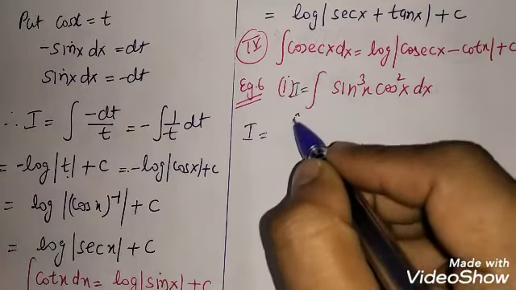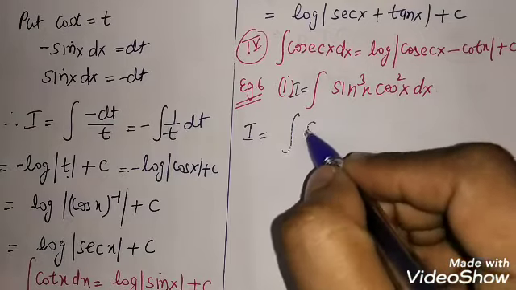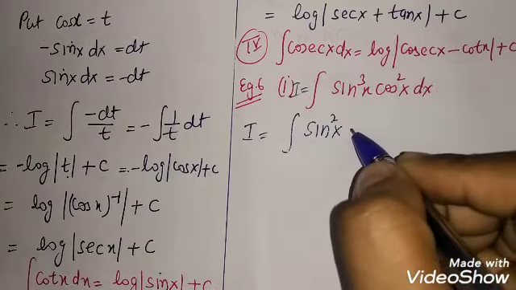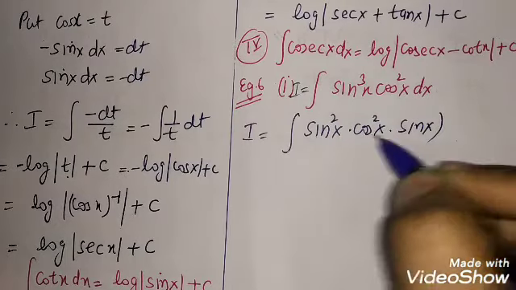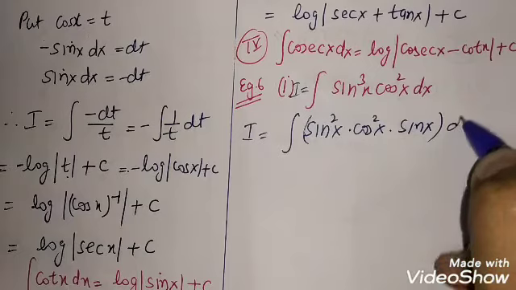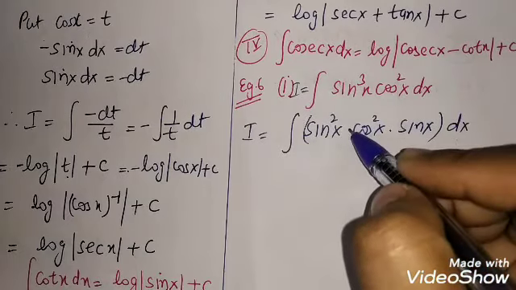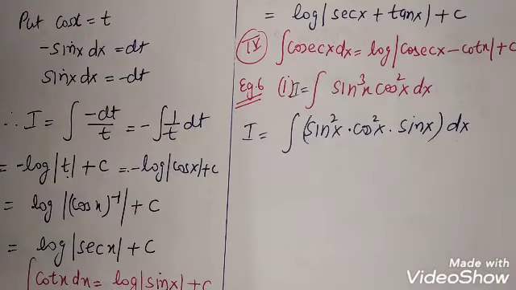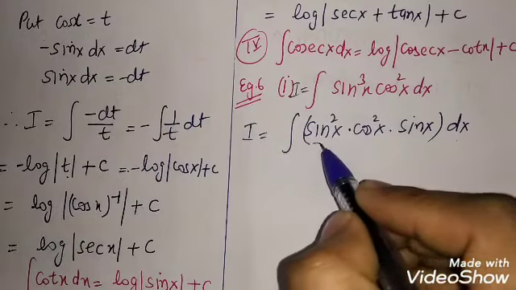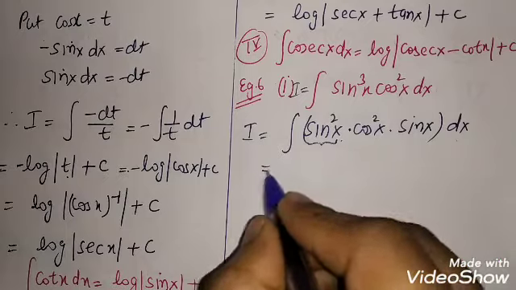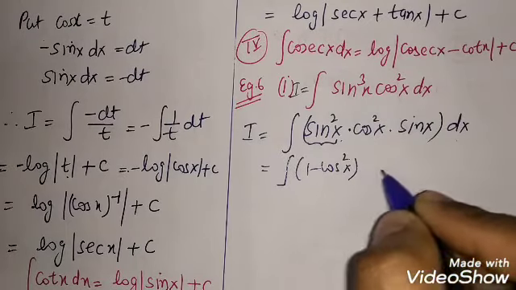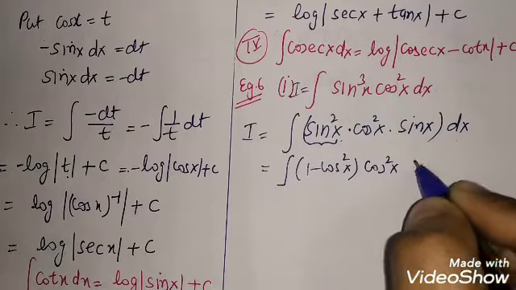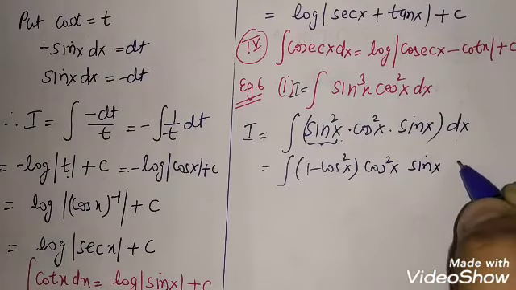I is equal to integration of, I can write it as sine square x dot cos square x dot sine x dx. Instead of writing sine x over here, I am writing it over here. So I can change this sine square x to be 1 minus cos square x, as you know the very basic formula sine square theta plus cos square theta is equal to 1.